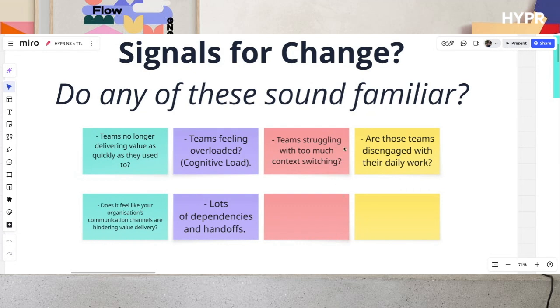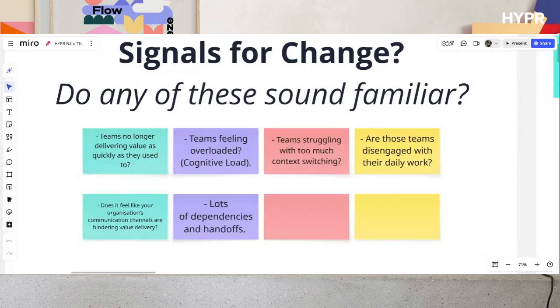Context switching, so teams being pulled in lots of different directions across many different domains and technologies and bits and pieces. Most of those things generally have a pretty negative impact on the human beings doing the work, so disengaged teams and people.